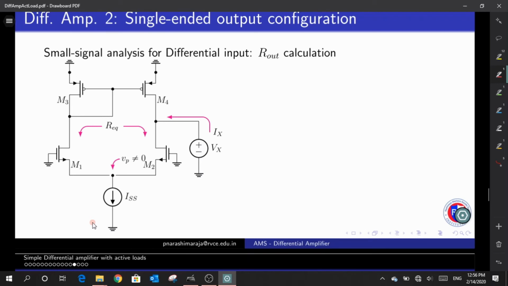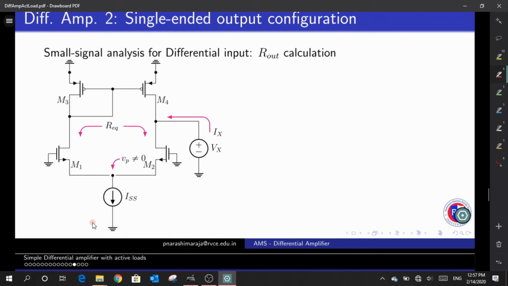No. Where is my input for this? The input is my Vx, right? Because R out is nothing but Vx by Ix, sorry, 1 by R out or something like that. Basically some voltage source, and that voltage source is fed directly to the drain of my M2. Clear? So that is my input.